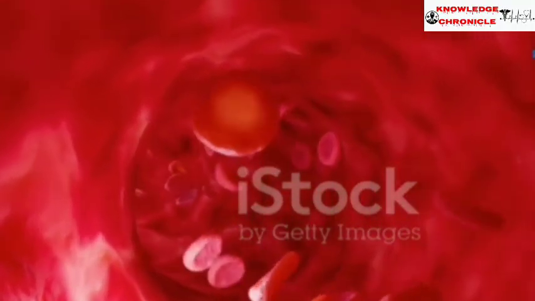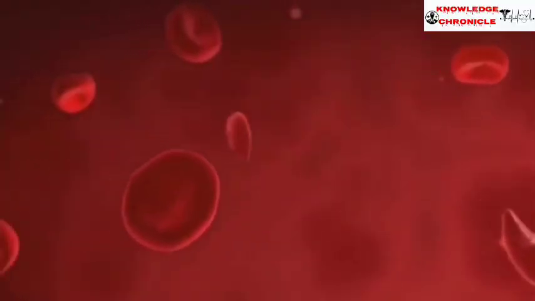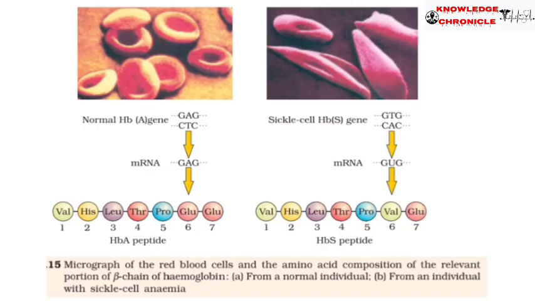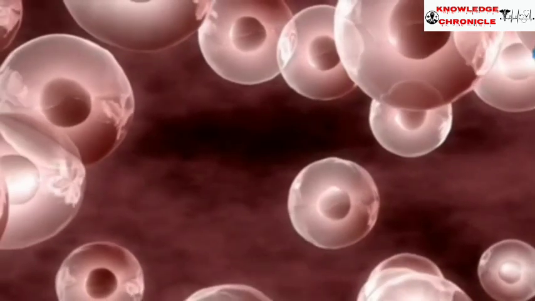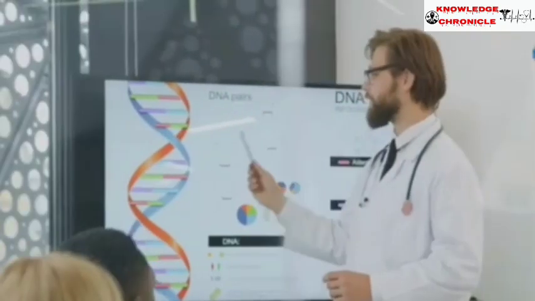The red blood cells become sickle-shaped, especially under low oxygen conditions. This leads to blockages in blood vessels, pain, and organ damage. Only individuals with two mutated copies, capital HB small hb plus capital HB small hb, show the disease. Carriers have one normal and one mutated gene and are symptom-free, but can pass the gene to offspring.